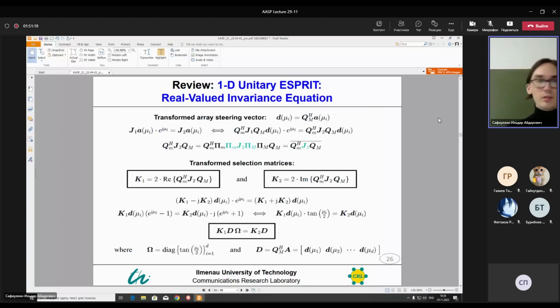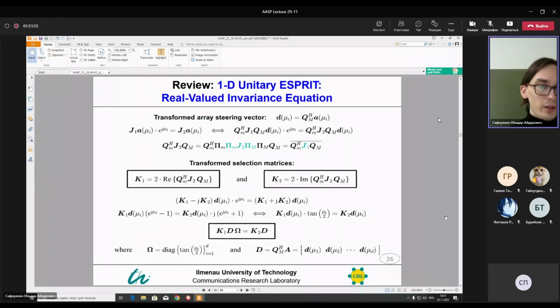Okay, you can see first the review of 1D unitary ESPRIT. So these are our real valued invariance equations. The main idea here is to use these transformed selection matrices K1 and K2, which are the real part of this multiplication with selection matrix 2, and the imaginary part of the same multiplication.